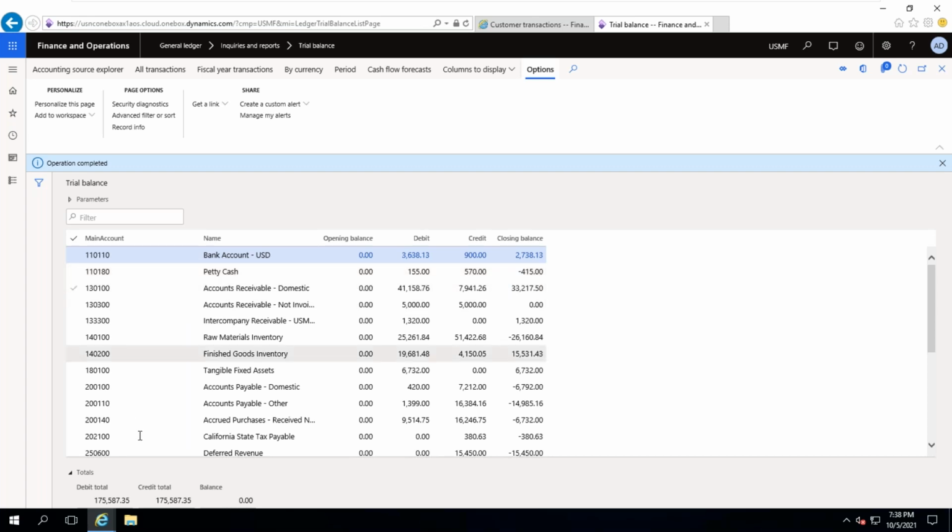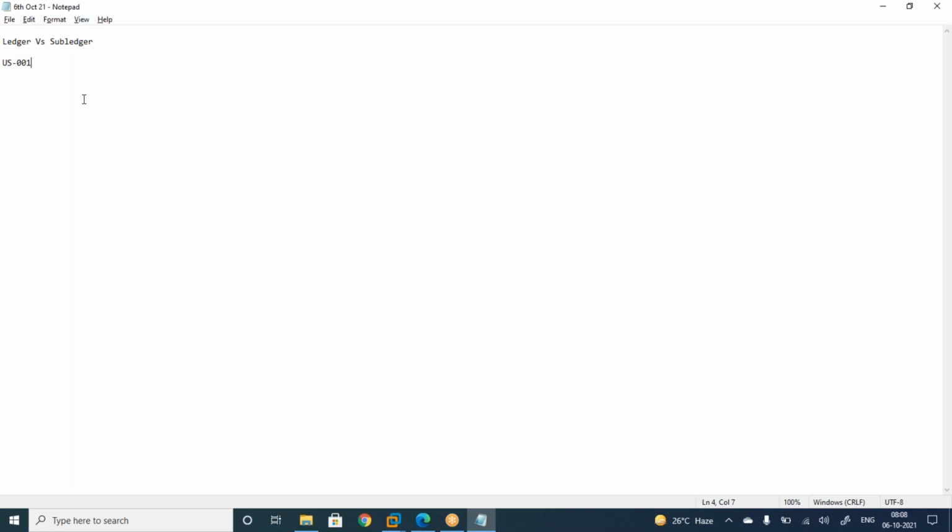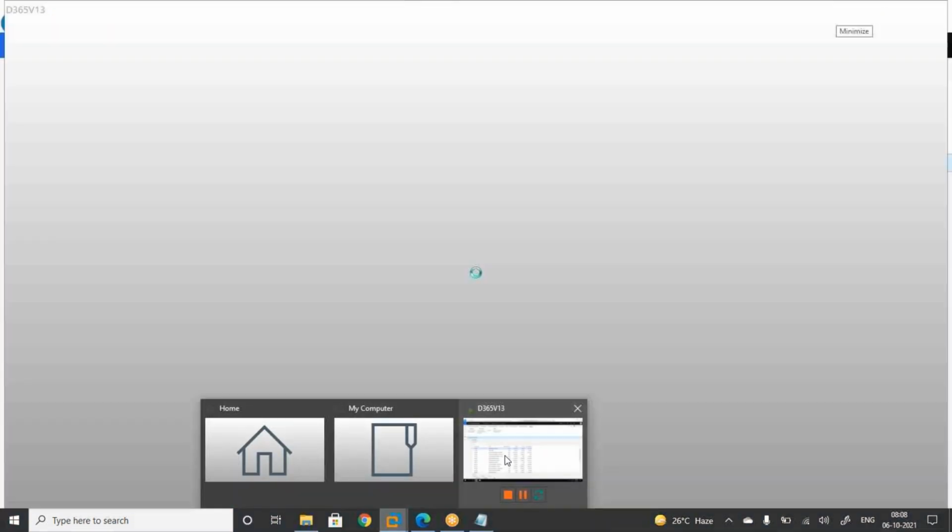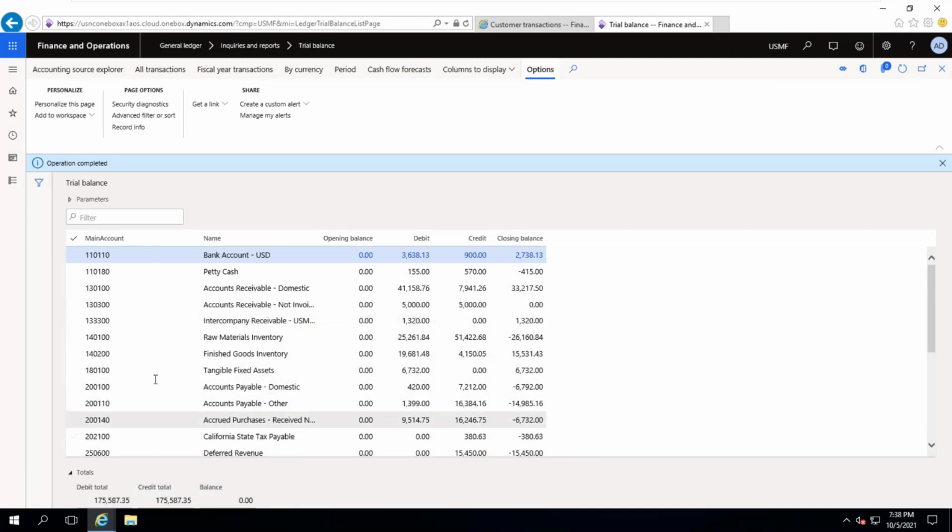Like this, each ledger account balance is there. Now, if I create each customer with one ledger account, and suppose 500 customers are there, then 500 ledger accounts will be shown here. Agree with me?